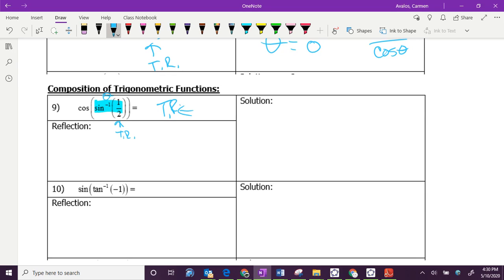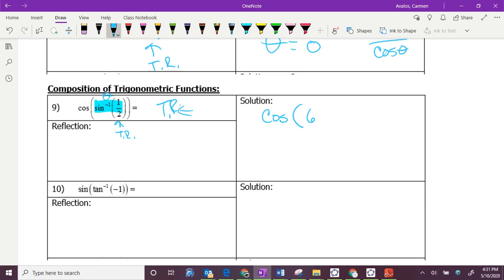Okay, so how do I do it? I'm going to start from the inside out. So I'm going to start with evaluating the sine inverse of 1/2. So 1/2, that means that I have one finger above the bended finger, and so that means it's going to give me 60 degrees. It doesn't say whether I should be in radians or degrees, whichever one is easier for you. And because the trig ratio is positive, it has to be in the first quadrant.